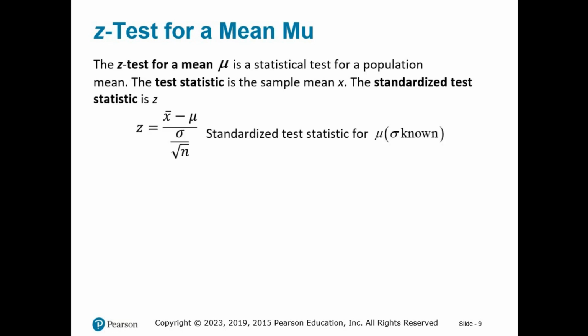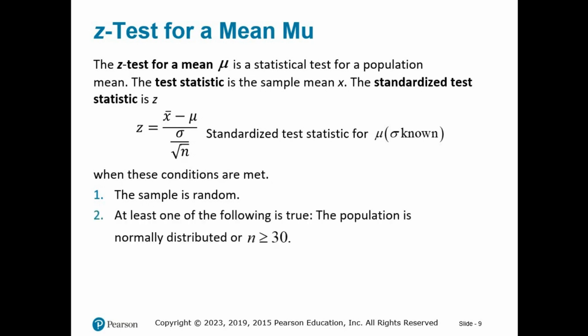In other words, a z-test can be used for a mean mu when, number one, the sample used to find the test statistic has been randomly selected so that it is unbiased, and number two, as we've heard before, either the population itself is normally distributed or the sample size is greater than or equal to 30.